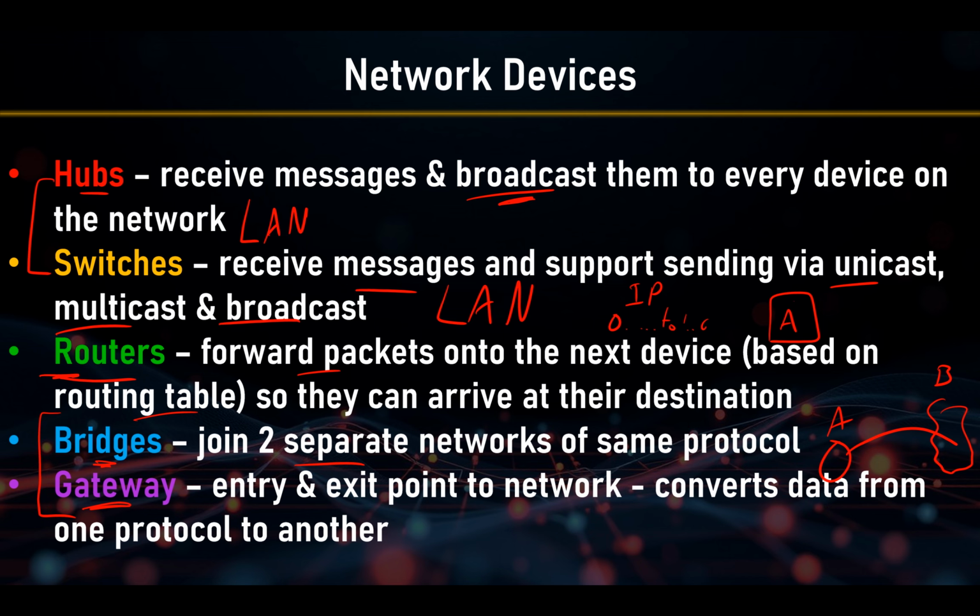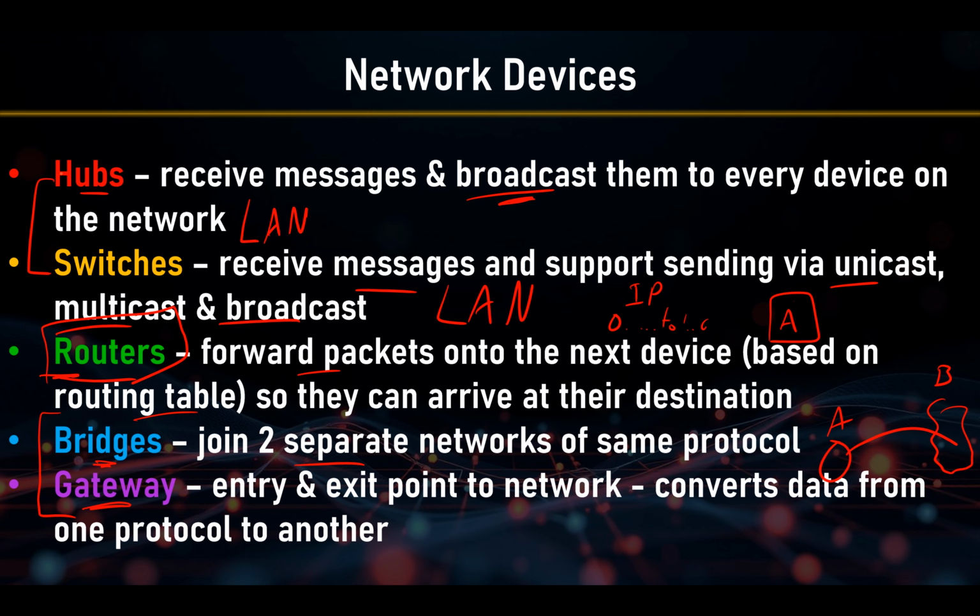And the reason that a home router is going to do all of these things is because, if you think about it, a normal person, when they buy their internet package, is not going to want to have 5 different devices in their home. From the manufacturer's point of view, it makes sense just to bundle everything together into a single device, just to make it easier for the customer.